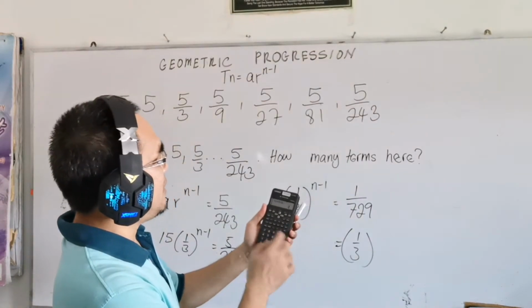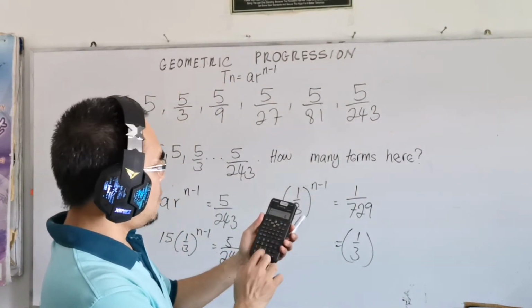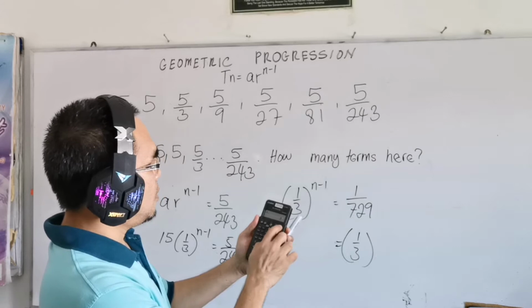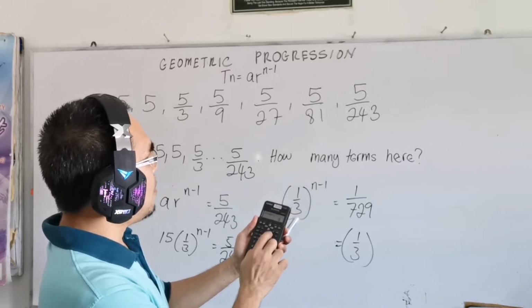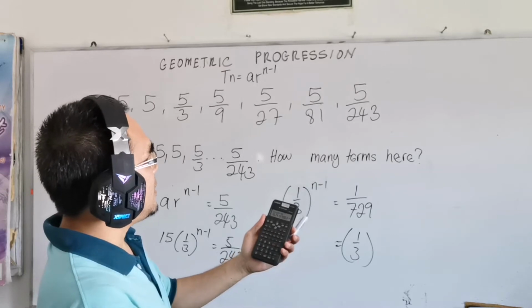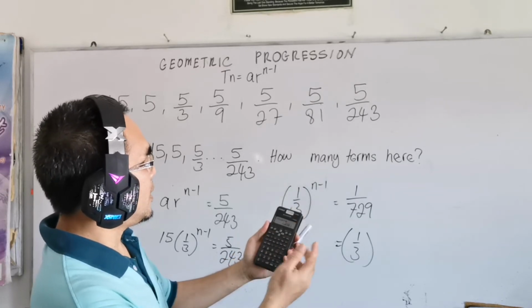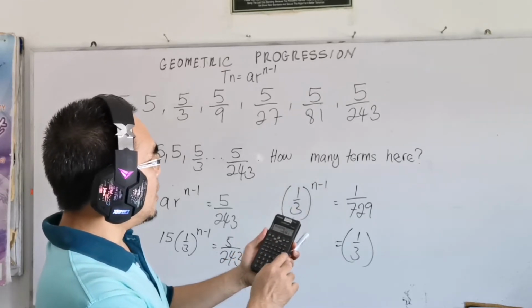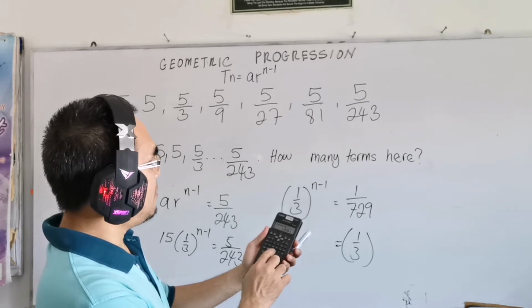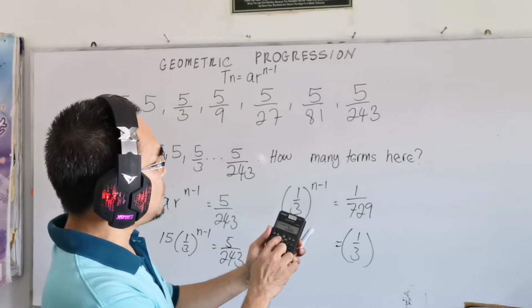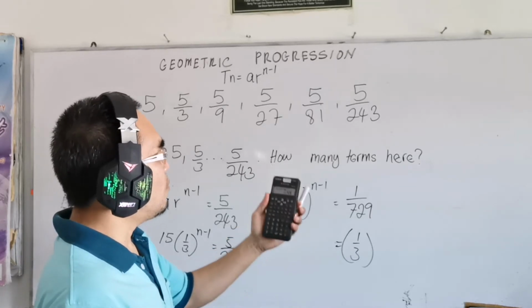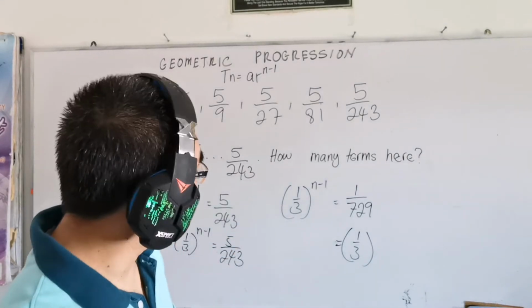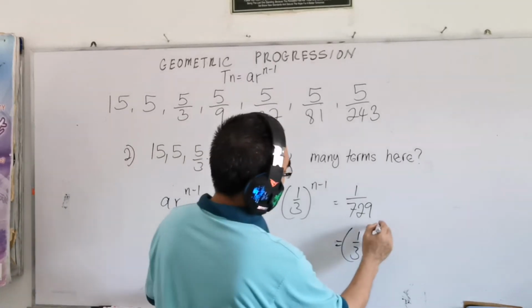Maybe we start with 8. It would be 1 over 3 to the power of 8. Is it? No. Okay, so it will be lower. Maybe 6. Change that 8 to 6, then it becomes 1 over 729. So this is power of 6.